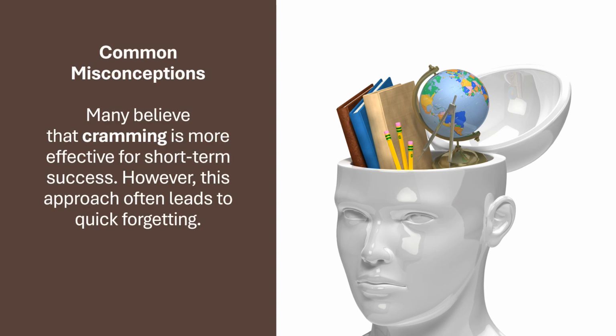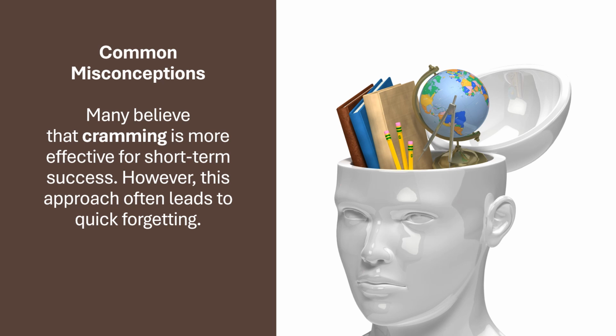By understanding the common misconceptions surrounding spaced practice, learners can adopt more effective strategies for long-term mastery. Spaced practice is the exact opposite of cramming. The forgetting curve shows that people rapidly lose knowledge if they don't retrieve and revise it.